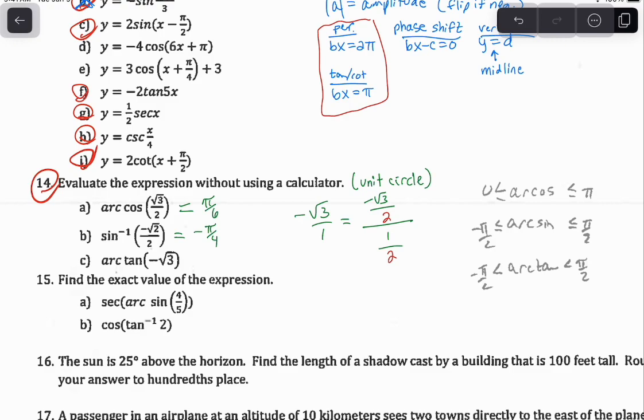So technically, a negative radical 3 for a tangent is really when our y value is negative radical 3 over 2 and our x value is 1/2. Okay? That's the easiest way to think about that and break that apart.